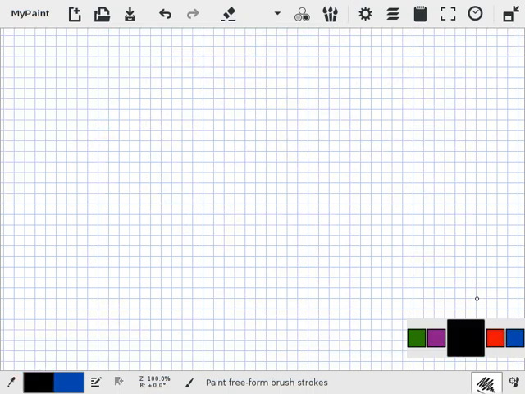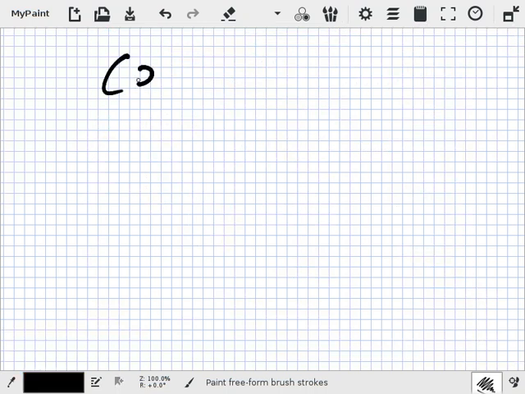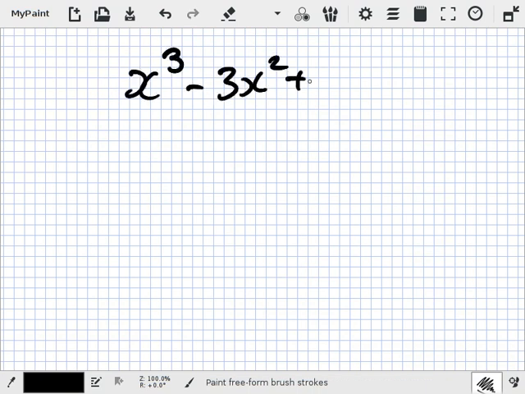I said x cubed minus 3x squared plus 3x minus 1 greater than or equal to 0. The tip I gave you in the question, my hint, is sketch it, because if you can sketch it, then you can see the answer more clearly.